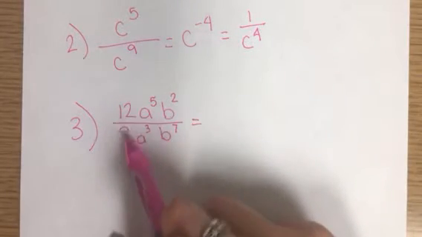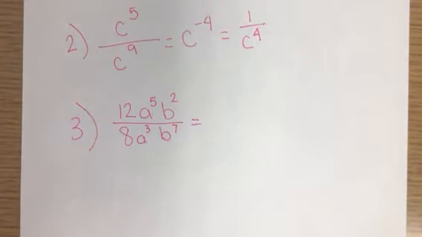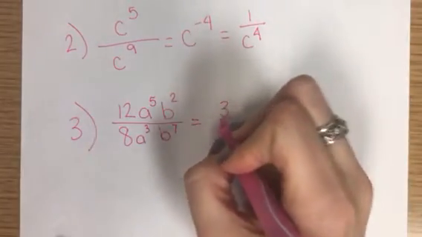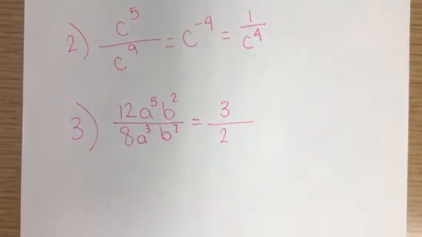We would be thinking of a number that will go into 12 that will also go into 8, which is 4. So 12 divided by 4 is 3, and 8 divided by 4 is 2. The other option is that you could use your calculator. You could divide those out. You would just need to make sure you have your calculator turn it into an improper fraction.